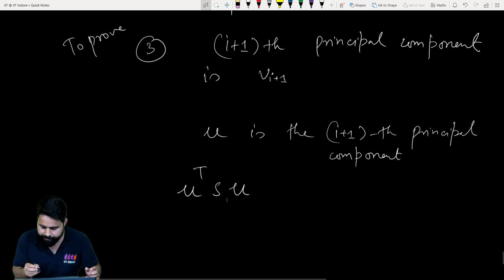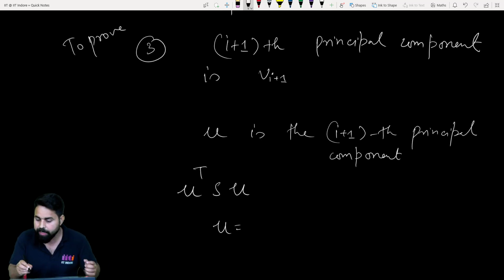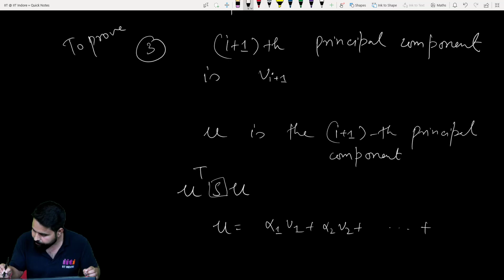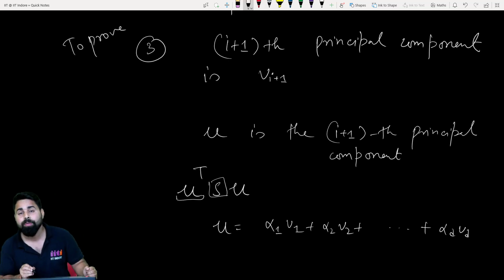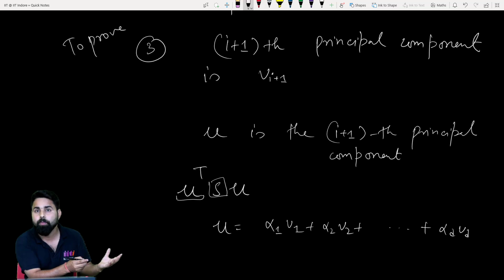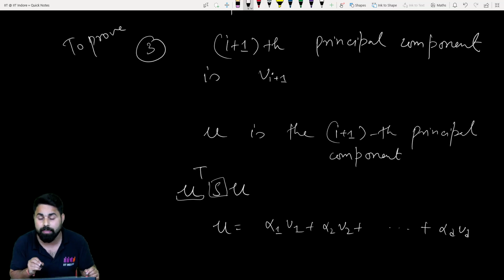Now again I can write U as a linear combination of eigenvectors of this matrix: alpha 1 V1 plus alpha 2 V2 up to alpha d Vd. But because this is the (i+1)th principal component, it has to be orthogonal to the earlier principal components.